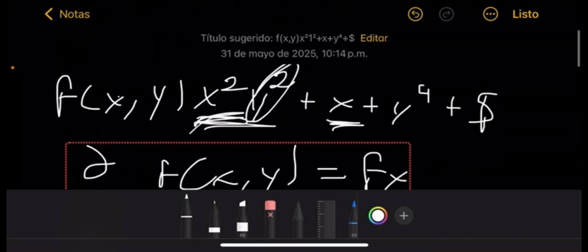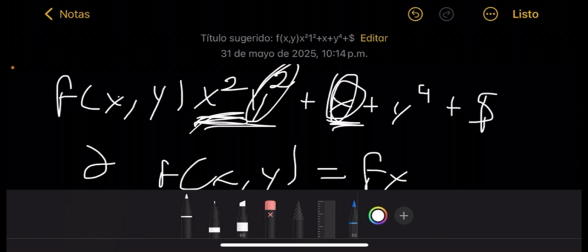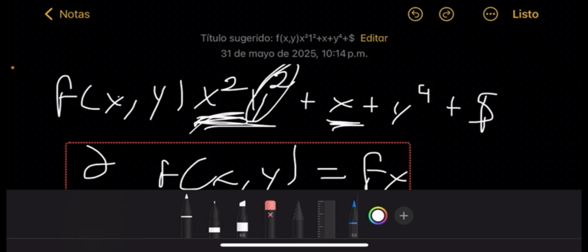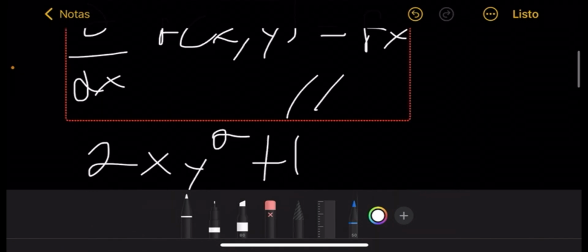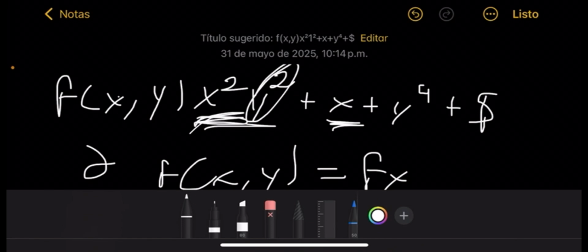We have plus x, and as we are deriving with respect to y, we leave this one over here like a constant, and that's 0. Plus y to the fourth. We have to derive this y, and we have 4y cubed, and it is this thing right here. And like this is constant, we leave it like 0, and that's all.